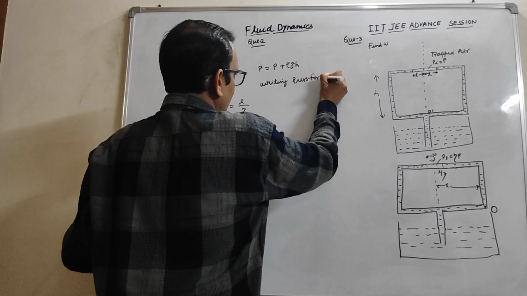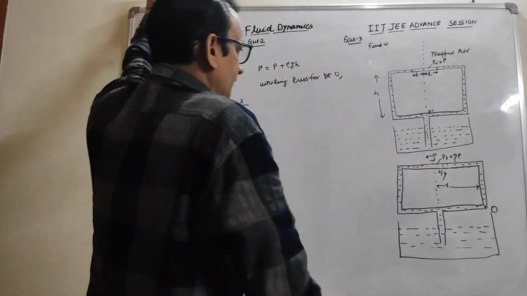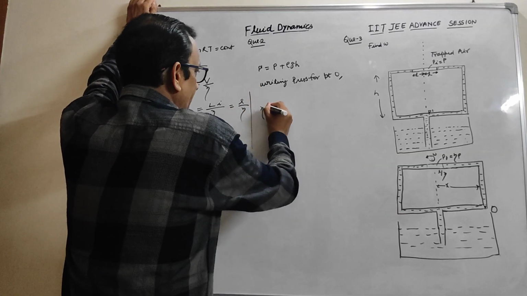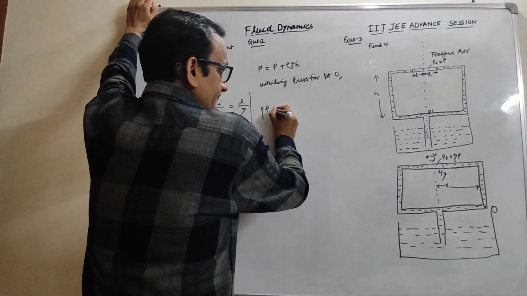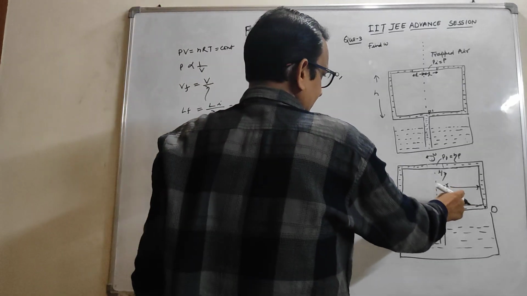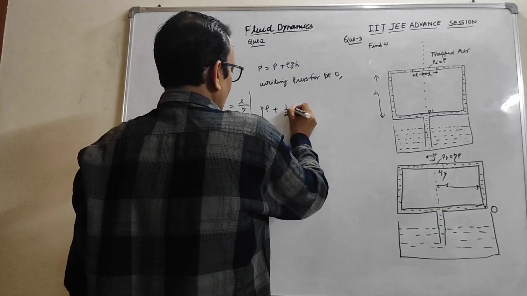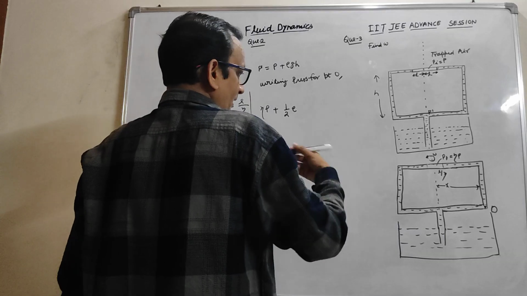So here the pressure is eta P, plus, this length is x, so the pressure will be half rho v square, where v equals r omega.